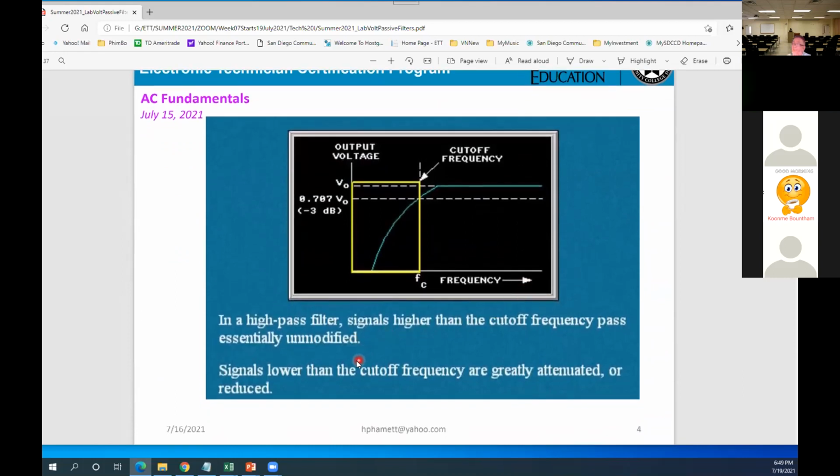In the high pass filter, signals higher than the cutoff frequency pass essentially unmodified. Signals lower than cutoff frequency are greatly attenuated or reduced. We already know that.